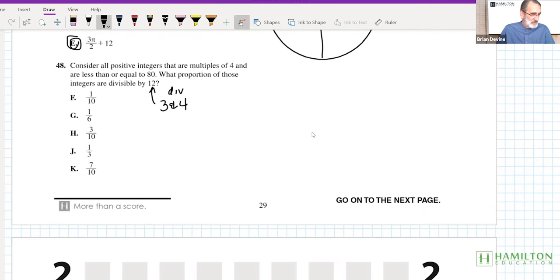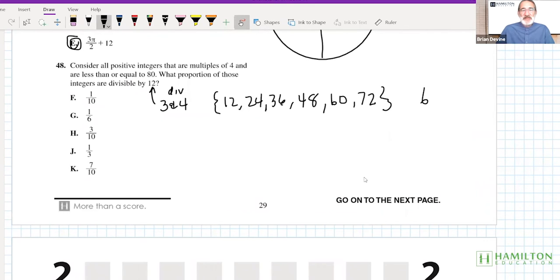And if I look at all of those numbers, well, I know that I'm going to have 12 and 24 and 36 and 48 and 60 and 72. And that's 6 numbers right there.